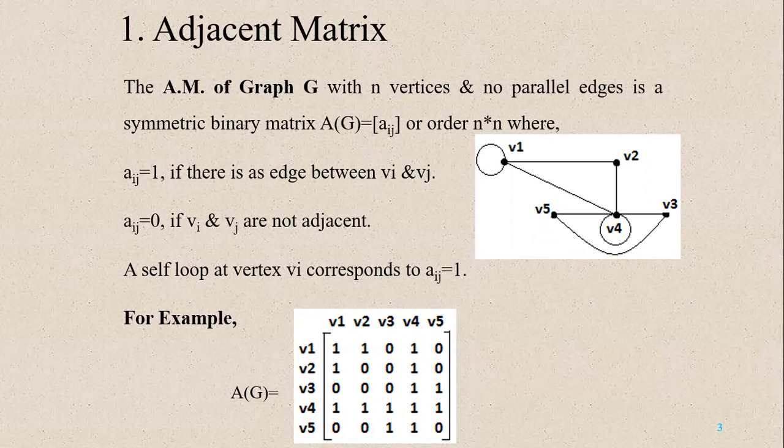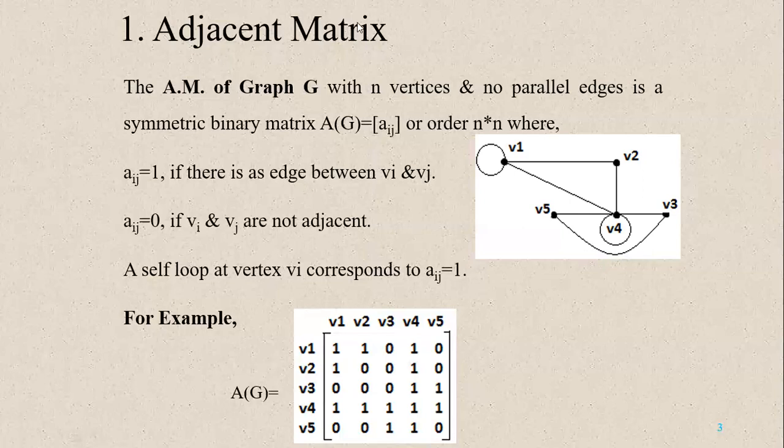Suppose the graph contains 7 vertices, then the order of the matrix is 7 cross 7. The number of vertices is the order of the matrix. In general, if the graph contains n vertices, the order of the matrix is n cross n. This is the first concept.